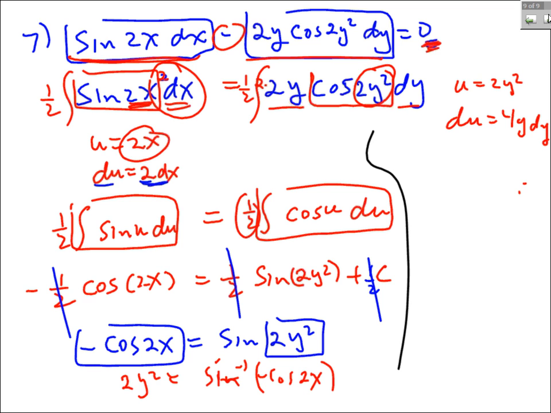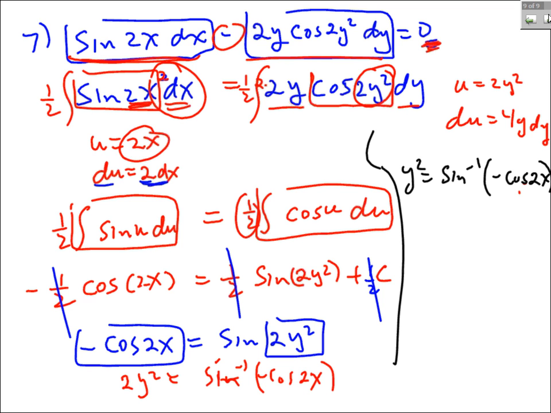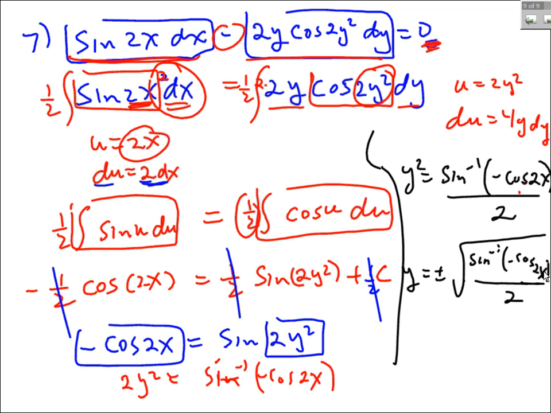You divide both sides by 2, you will get that y squared is the sine inverse of negative cosine of 2x divided by 2. So therefore, y must be plus or minus the square root of that mess. The sine inverse of negative cosine 2x all over 2. And that 2 is definitely under the square root sign.